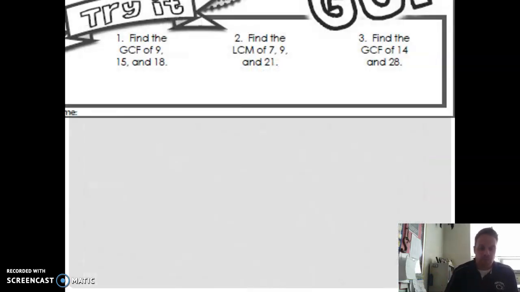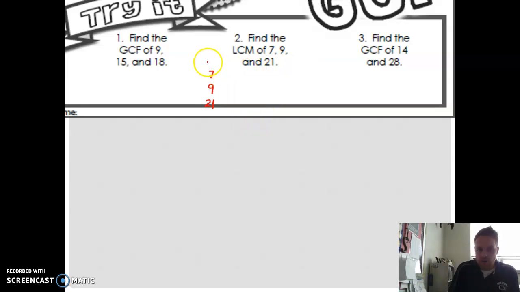Down at the bottom, we had a couple examples. Find the GCF of 9, 15, and 18. Find the LCM of 7, 9, and 21. And then find the GCF of 14 and 28. So I'll give you a little hint on this one. I'm going to have you try them on your own, but I'll give you a hint. So this is 7, right? And there's 3 numbers here. So we're going to have to find the multiples of 7 and 9 and 21, and they have to all share the same one.